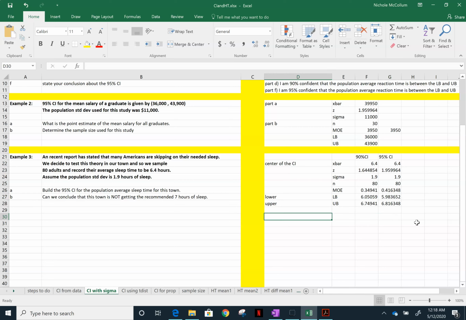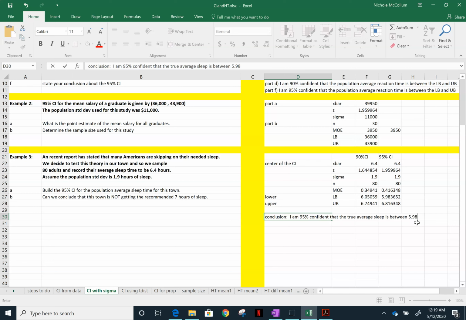That's why when I build a confidence interval, I always like to make my conclusion. What's our confidence here? 95%. I'm 95% confident that the true average, it's not about the sample, people. Your sentence should be about the true average, the population average, in this case, the town average sleep is between the two numbers. And let's write it down.